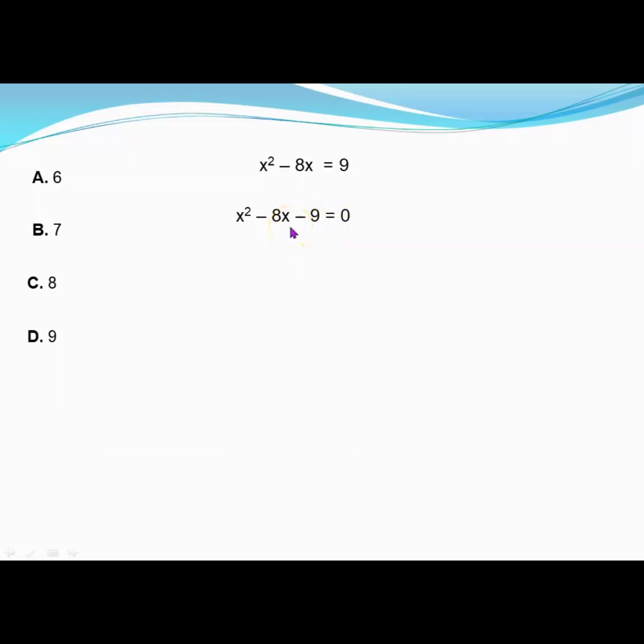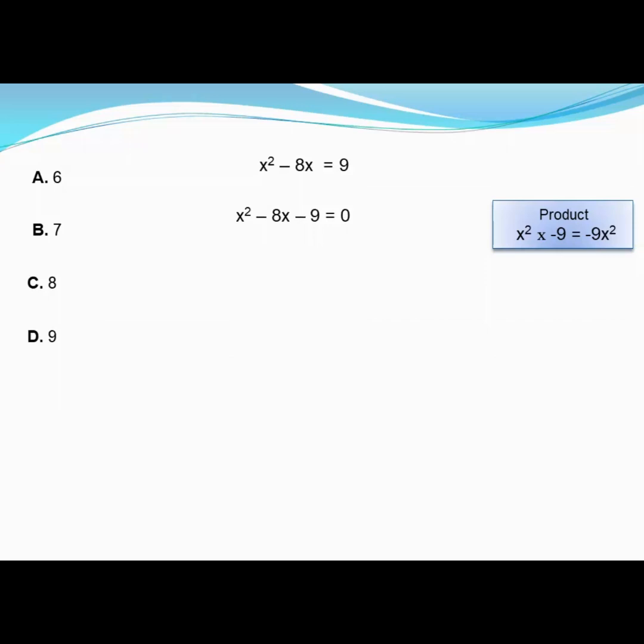Now let's solve this quadratic equation. We use what is called factorization. By using the factorization method, the first thing we need to do is multiply x squared and minus 9. That we call the product. The product will be x squared times minus 9, which gives you minus 9x squared.